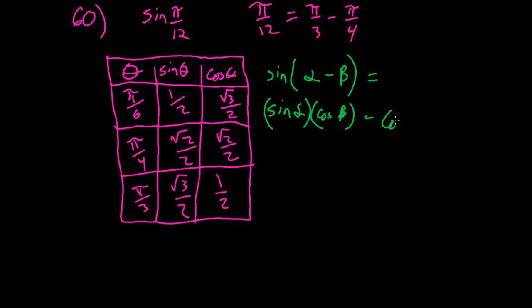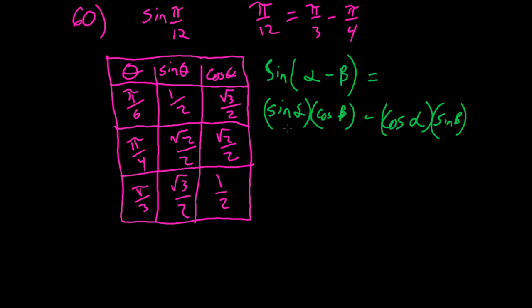Basically it's saying when you have the sine of a term x minus a term y, it'll just be the sine of x times the cosine of y minus the cosine of x times the sine of y.